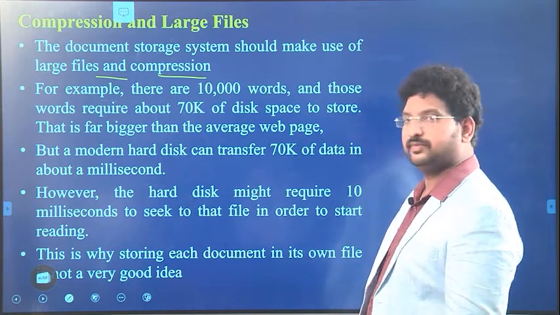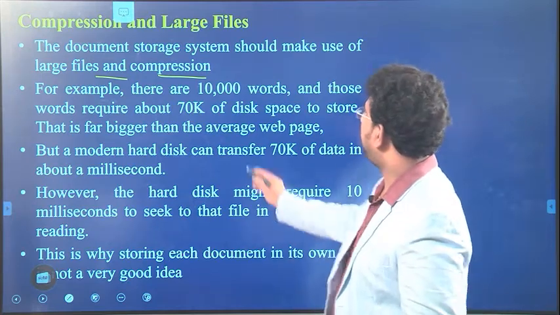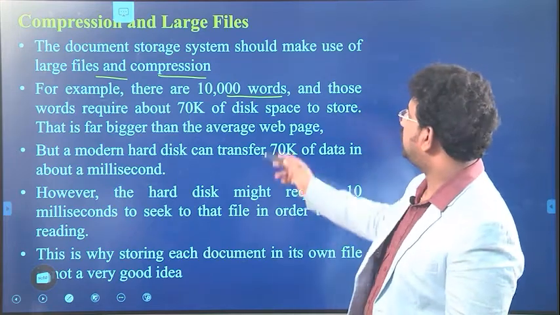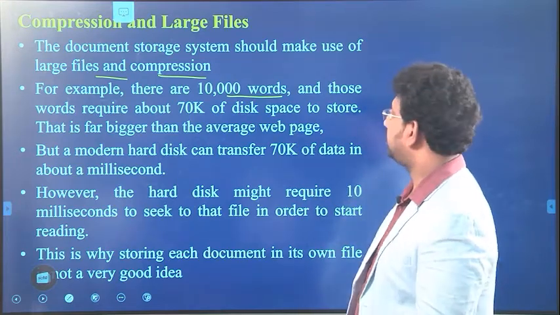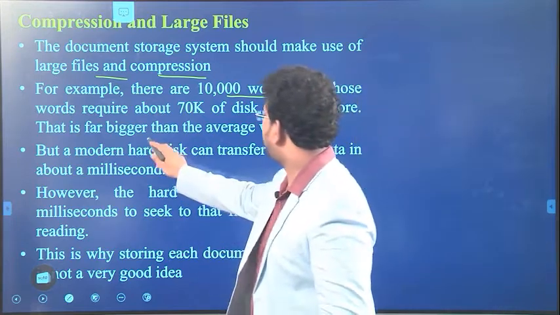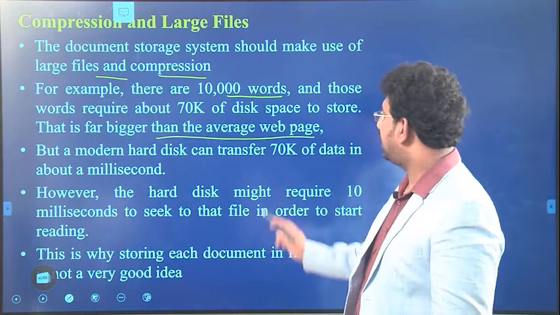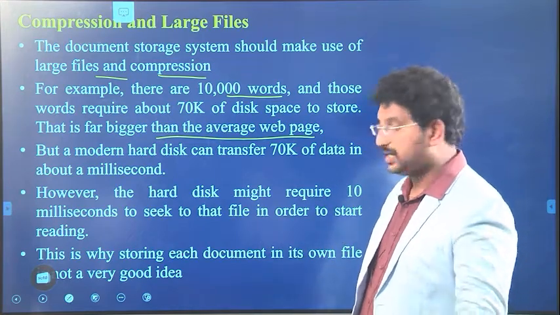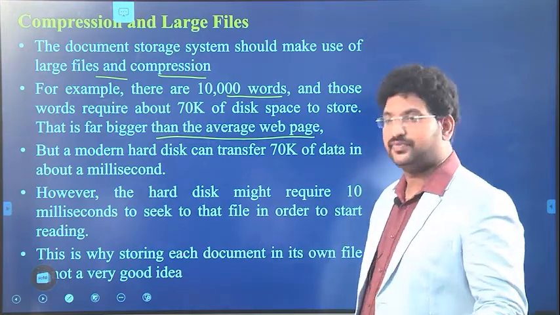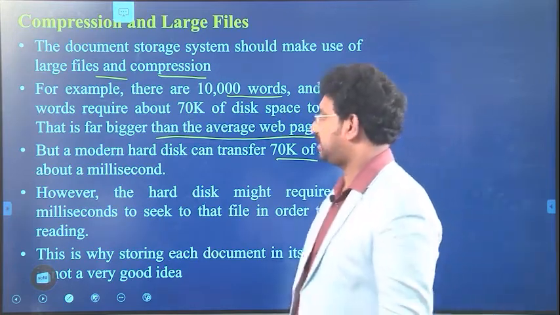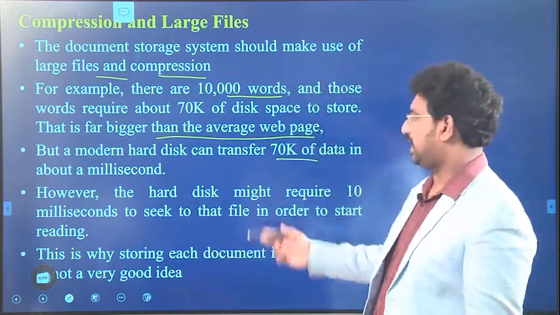For example, there are 10,000 words and those words require about 70k of disk space to store. This is far bigger than the average web page. But a modern hard disk can transfer 70k of data in about a millisecond.